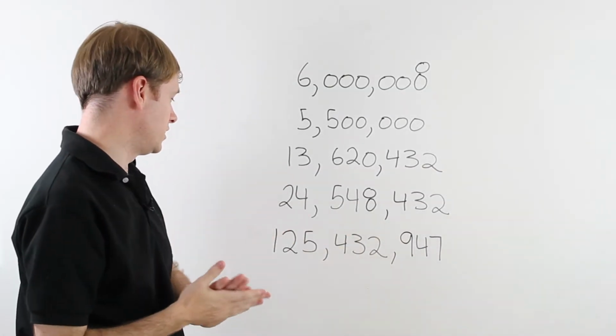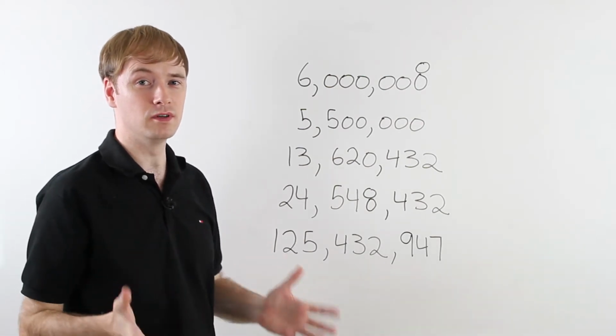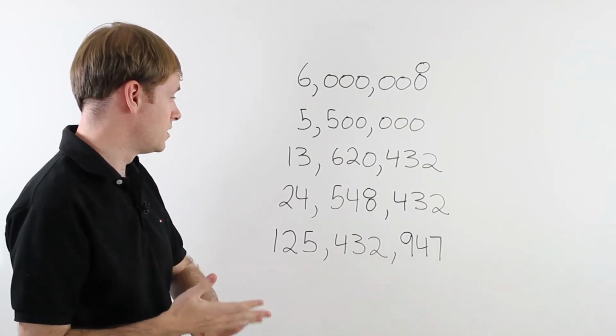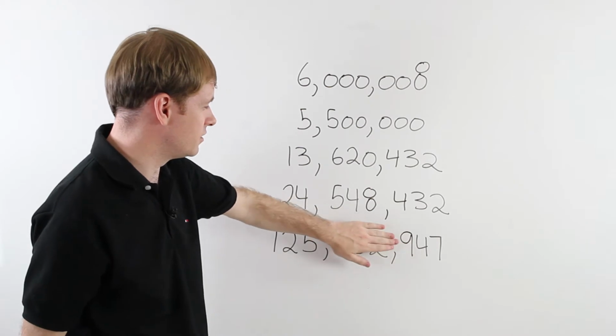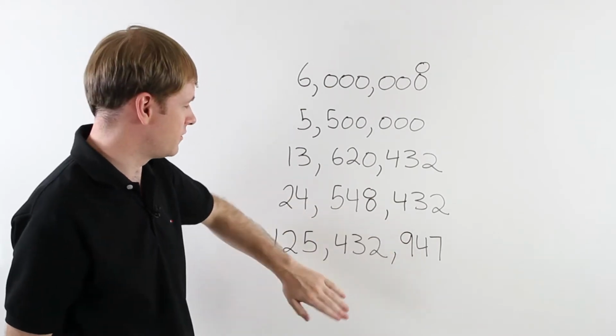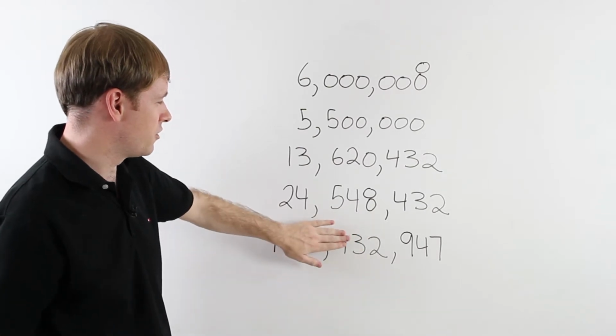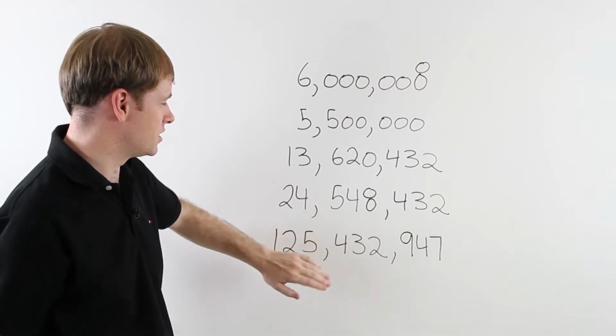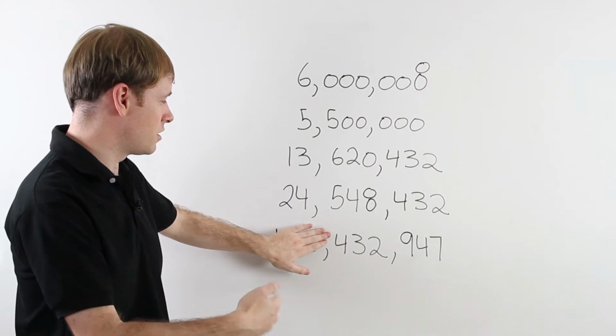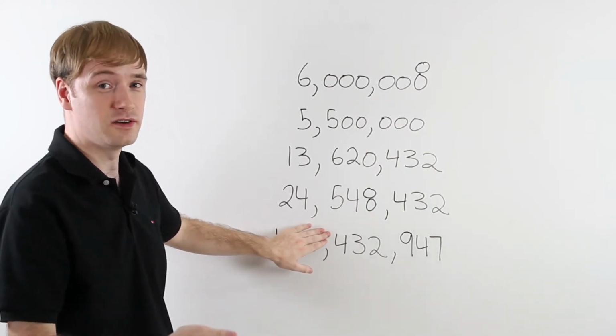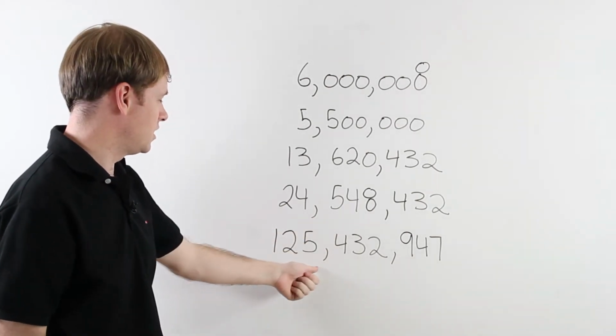The last one here, a really, really big number. Okay, so again, 7, 47, 947, 2,947, 32,947, 432,947, and what's this?